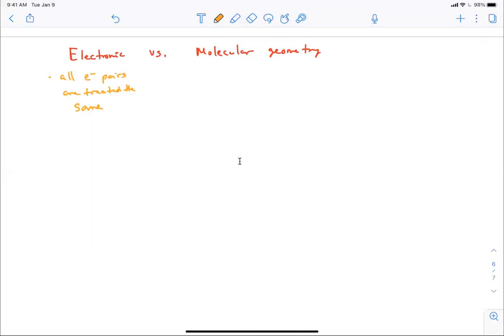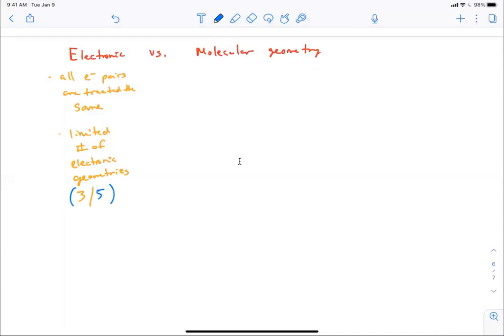So there is a limited number of electronic geometries, because if lone pairs are treated the same as bonding pairs, that doesn't affect the shape. So really, you only have 3, or in the higher level case, 5 to choose from for electronic.